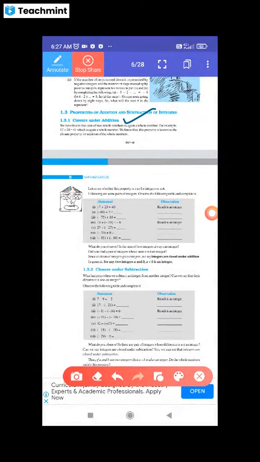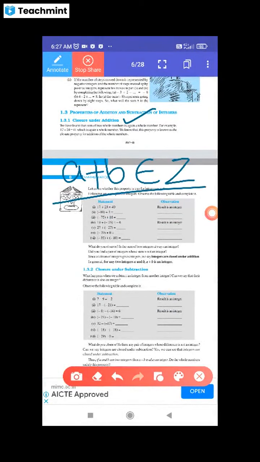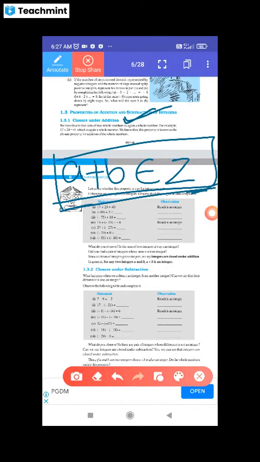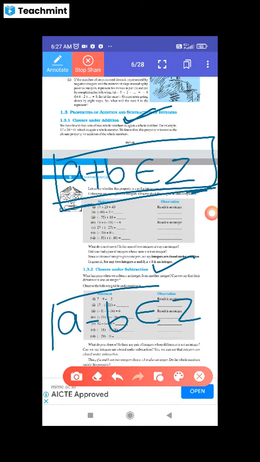Downside, you can write a plus b belongs to integers. Write this one as a headline and put it in a box. After that, closure under subtraction, downside you can write a minus b belongs to Z. Easily you can remember. Write it down. These two tables are there, no? Those two are homework.